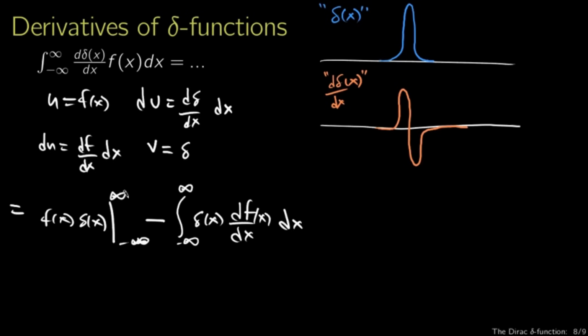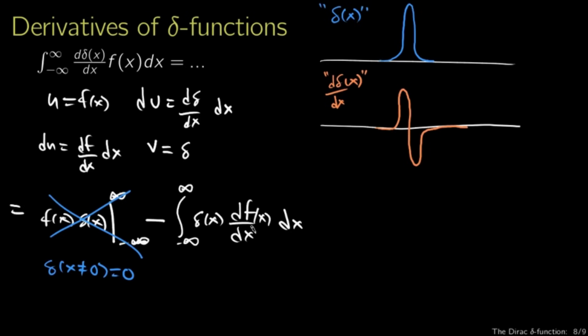And our boundary term here, f of x times delta of x evaluated at infinity: well, if x is not 0, delta of x is 0. So this term vanishes. What we're left with is the integral of a delta function times a function, in this case df dx.